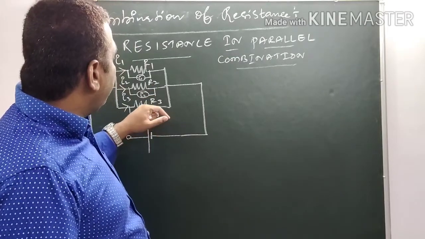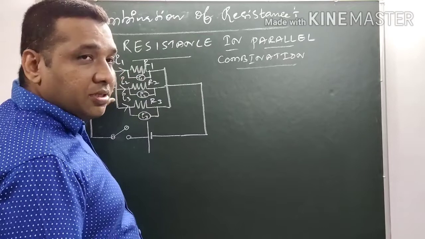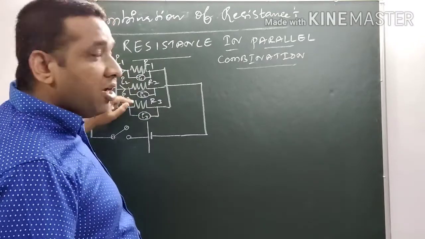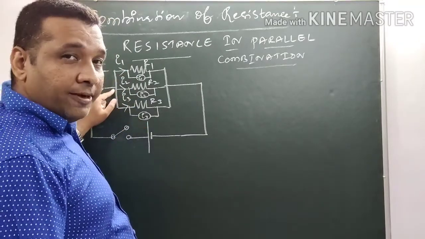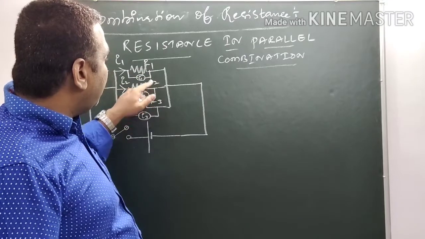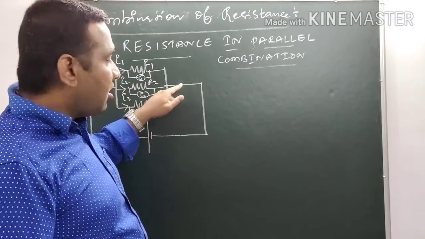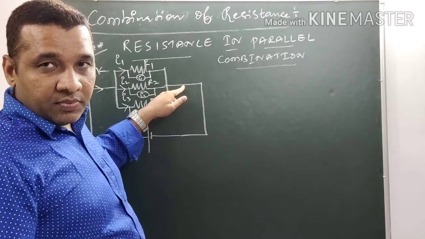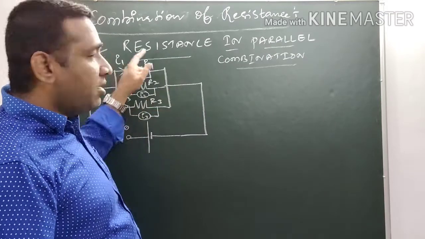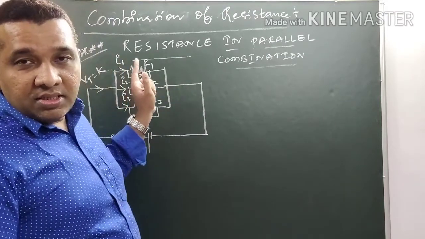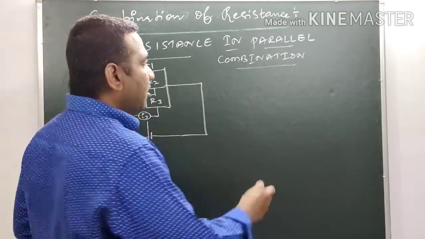In parallel combination, all the first terminals of each and every resistor are connected to one point. All the second terminals of each and every resistor are connected to one point. Such an arrangement we consider as resistors connected in parallel combination.